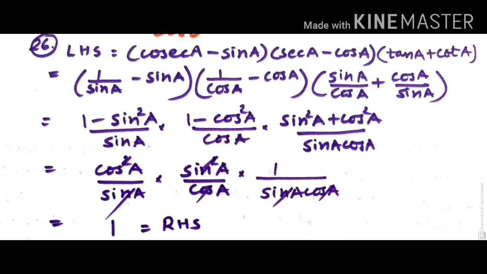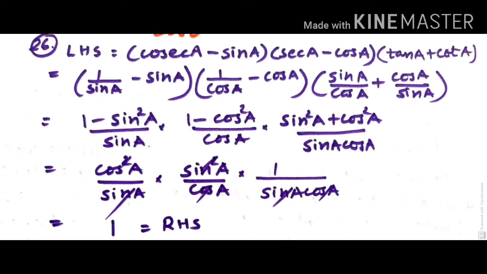Now 1 minus sin square is cos square A. So in the next step, it is written cos square A upon sin A, into 1 minus cos square A is sin square A upon cos A, into sin square A plus cos square A is 1 upon sin A cos A. Now in the denominator, sin into sin means sin square A, and cos A into cos A is cos square A, and the numerator already has sin square A and cos square A. So we cut all of them and we are left with only 1 as our right hand side.